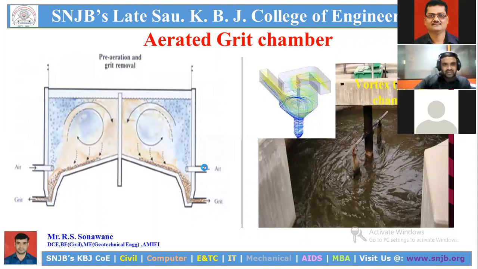So this is a free aeration grit removal process, that is, providing air and then removing the grit. Here there are two outlets, one inlet and another outlet to remove the grit. One inlet is provided for the air blowing process, and these are the actions of the rotation vortex. You can see this rotation vortex in the other picture as well as this action picture. This is about the aerated grit chamber.